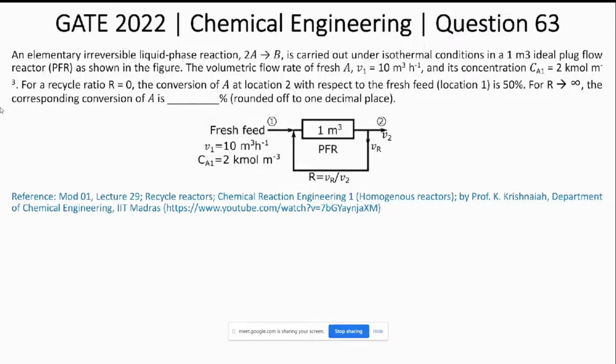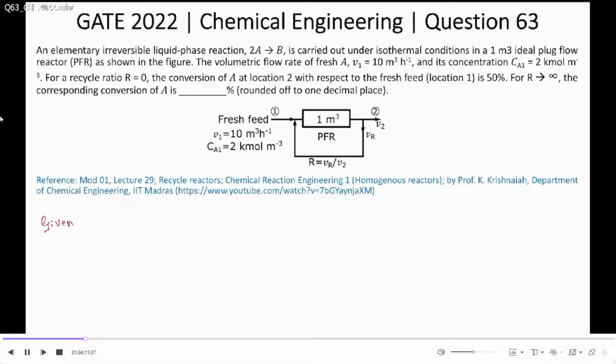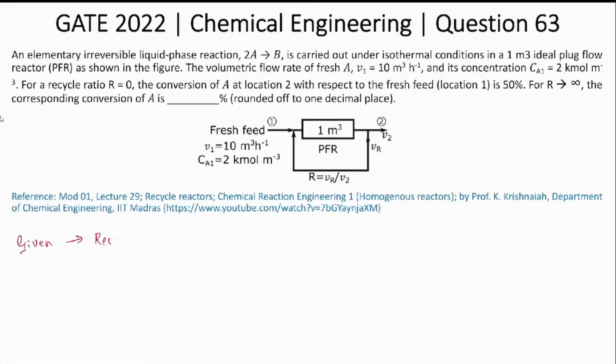Let's start with the data they have given us. It is a recycle reactor with volume 1 meter cube, and there are two cases: R is equal to 0 with conversion 50%, or 0.5, and R is infinity, where we need to find the conversion.